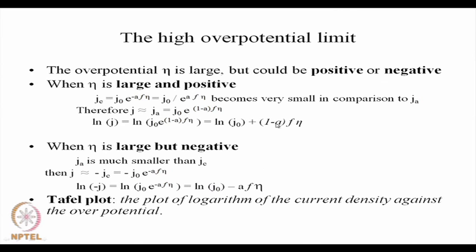Here you have seen that when it is large positive, it is 1 minus A f eta, but here it is minus A f eta. Now, this is basically your Tafel plot, that is the plot of logarithm of current density against overpotential.